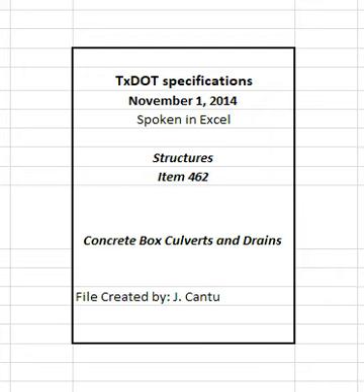5. Payment. The work performed and materials furnished in accordance with this item and measured as provided under Measurement will be paid for at the unit price bid for concrete box culvert of the size specified.